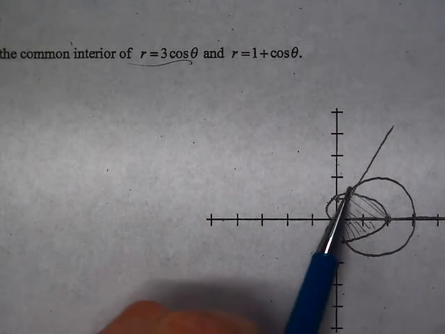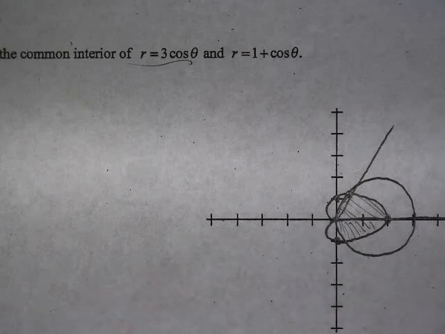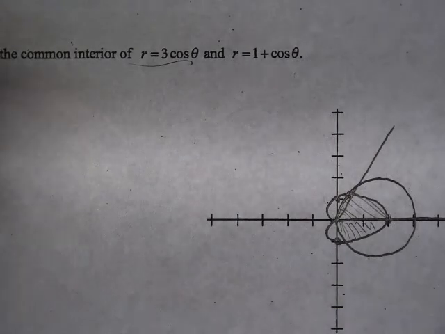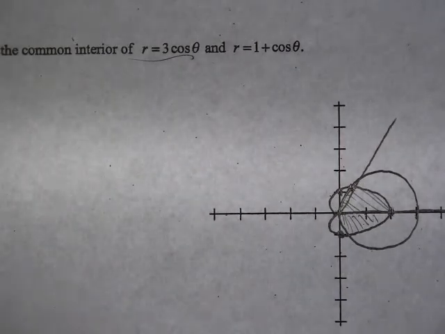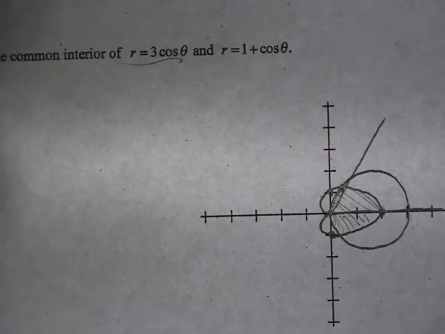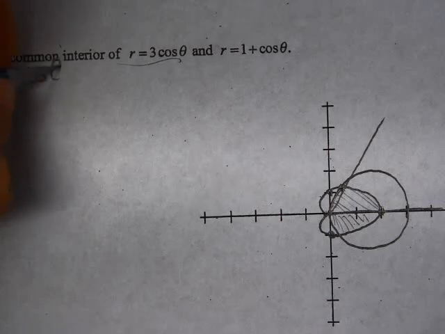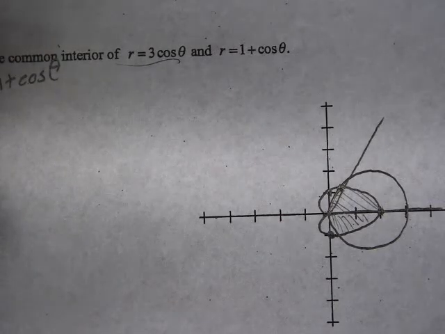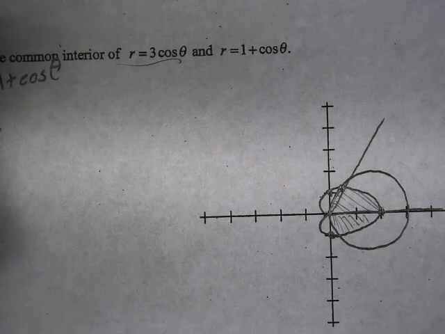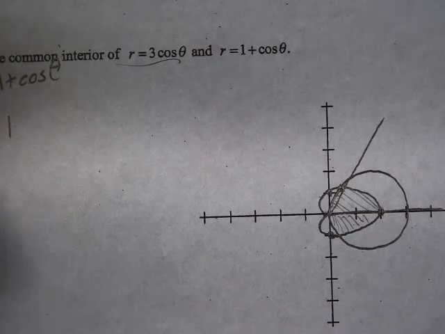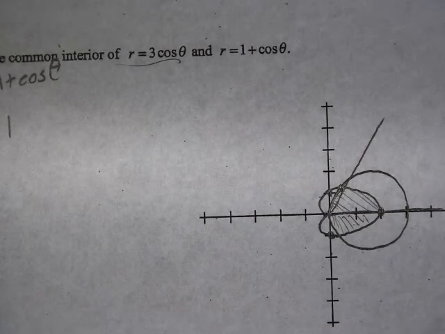There's a little crescent of this circle that's not going to be included in that. These intersect when 3 cosine theta equals 1 plus cosine theta. So 2 cosine theta equals 1. So when the cosine is 1/2, that's going to be pi over 3.